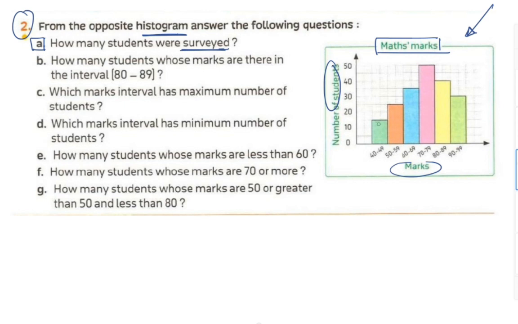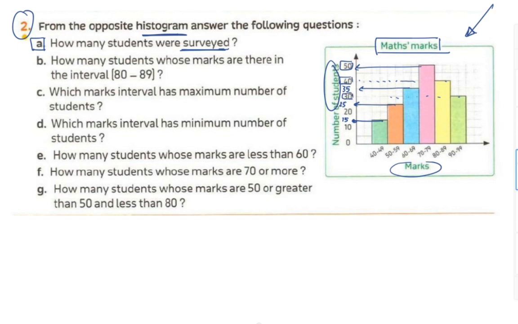The first one here is 15. Why 15? It's between 10 and 20. Next column, between 20 and 30, is 25. Third column, between 30 and 40, is 35. This column is 50. This column is 40. This column is 30.